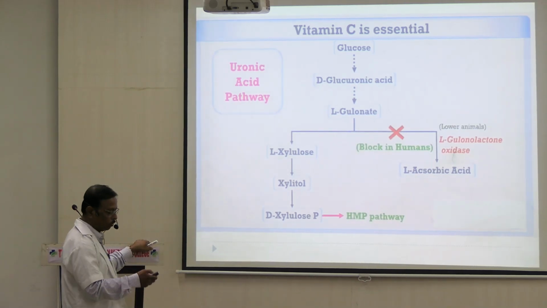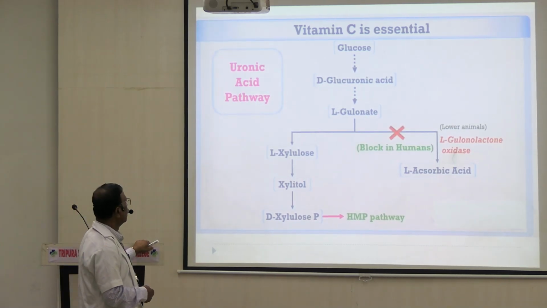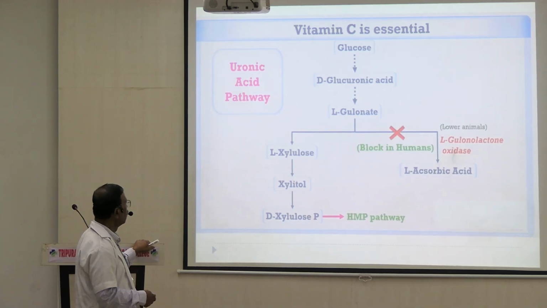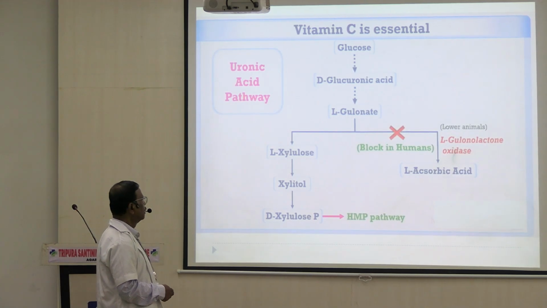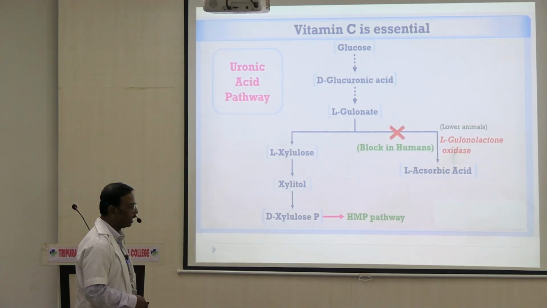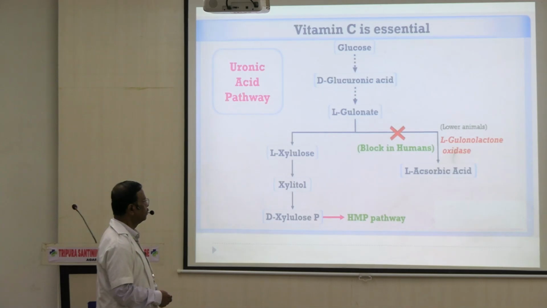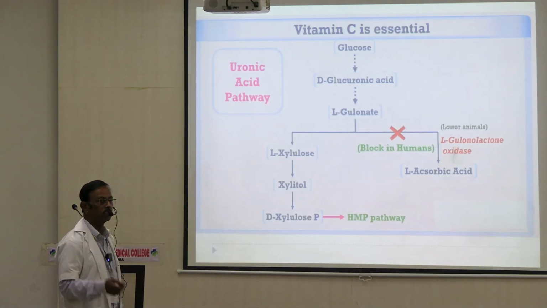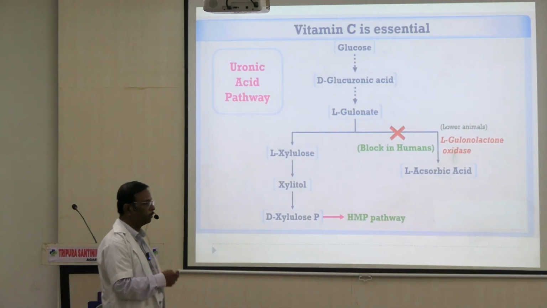For conjugation reaction, glucuronic acid is required. From glucuronic acid, it can be converted into gulonic acid. Now, this gulonic acid can be converted into ascorbic acid by the enzyme Gulonolactone Oxidase. Remember the name of the enzyme.